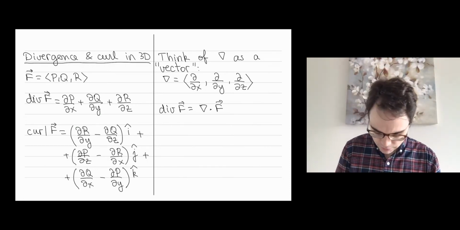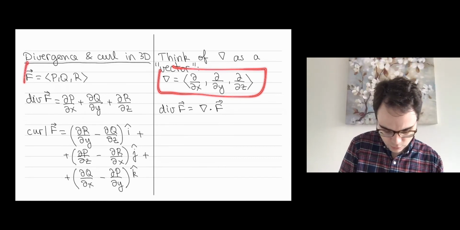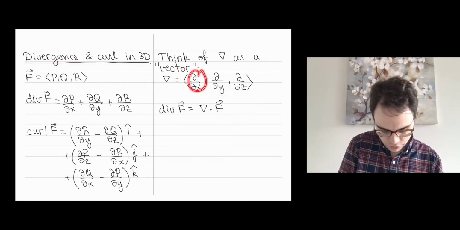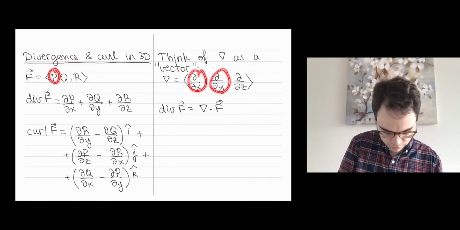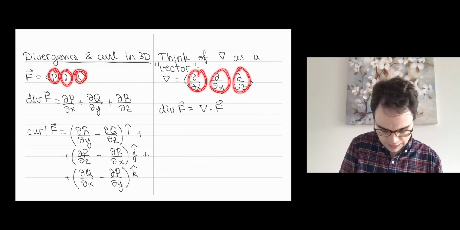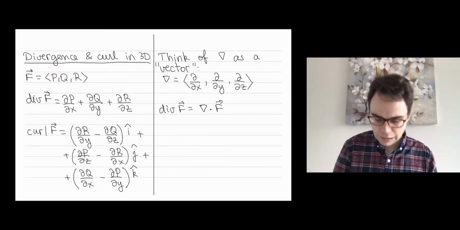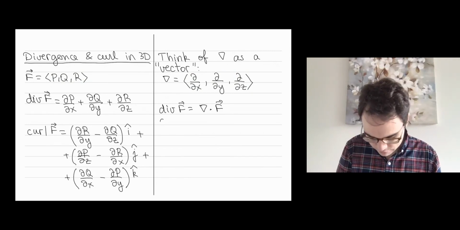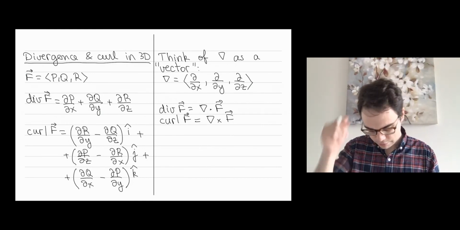Can you see? If I took the dot product of gradient with F, I would get x partial of the first component plus y partial of the second plus z partial of the third. That's exactly the divergence. And the curl would have a very compact formula. It would just be the cross product of the two.